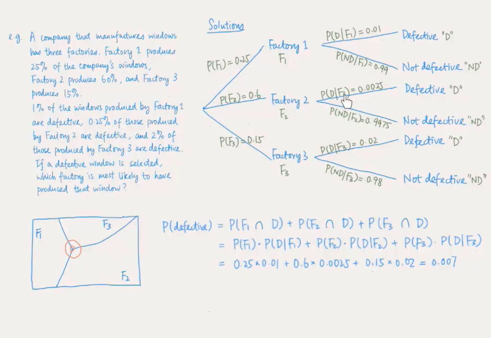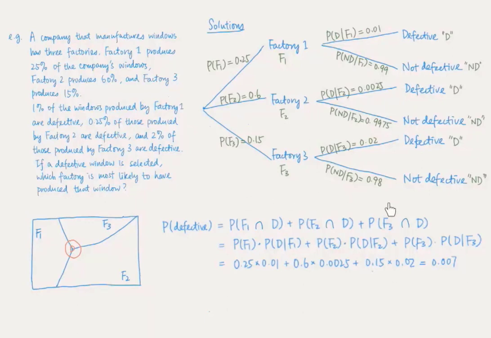Similarly, given that the window is produced from factory 2, the probability that it is defective is 0.0025, whereas the probability that it is non-defective given factory 2 is 1 minus this value, which gives 0.9975. You can also deduce the following probabilities for windows produced by factory 3.